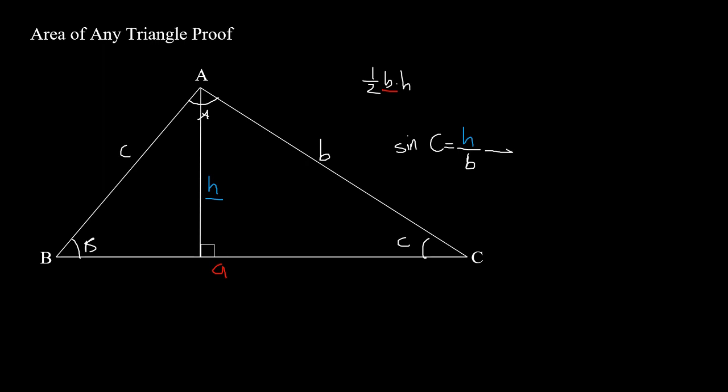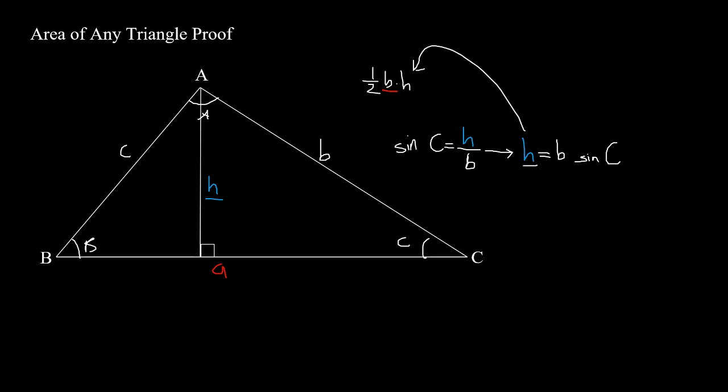And we can rearrange this to get that h, the height, is equal to b sine C. And we did this by just multiplying both sides by b. So now that we know what h is, we can just substitute it into this equation.